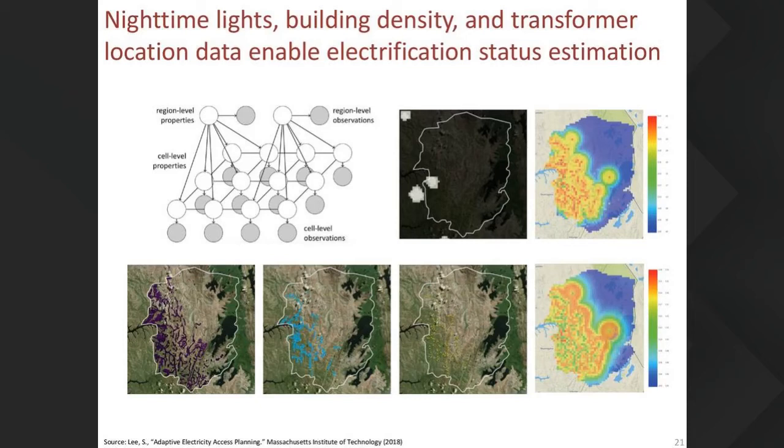On this top left figure, this shows the model architecture that we're developing. There's some sort of spatial understanding, and each node here on this grid represents a different cell.